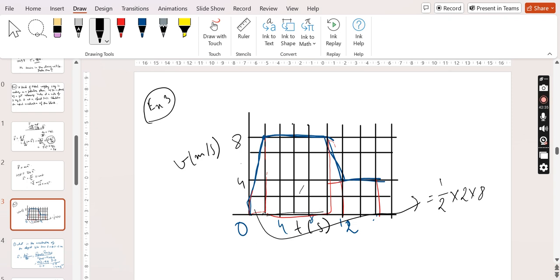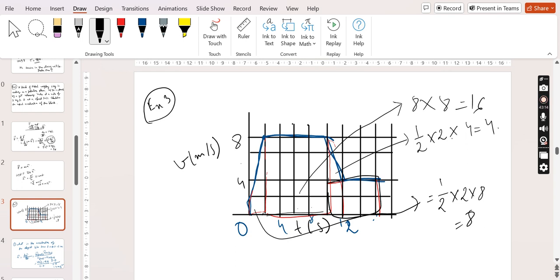But this area is 8 into 16. This is 8. This area is 24.